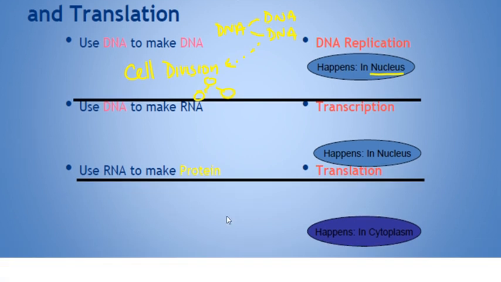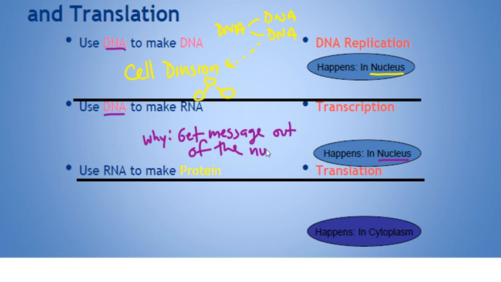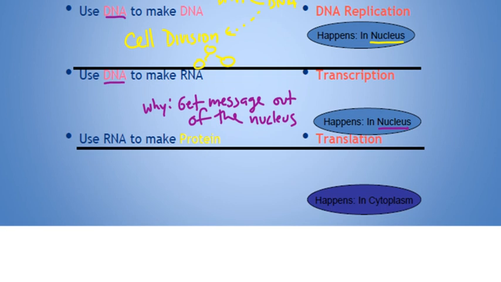Transcription. This also happens in the nucleus because that is where DNA is. What we're focusing on here is DNA making RNA. Why? Because we need to get the message out of the nucleus. And then when we are out of the nucleus and into the cytoplasm, we are going to do translation.